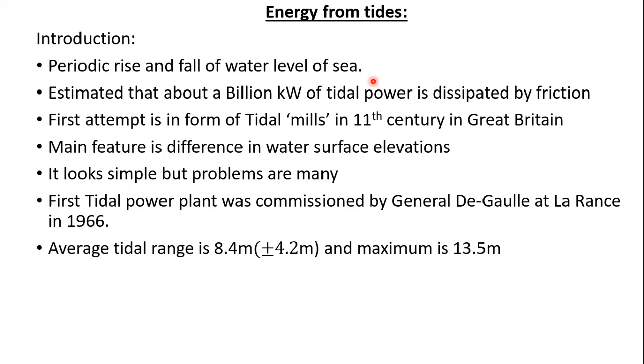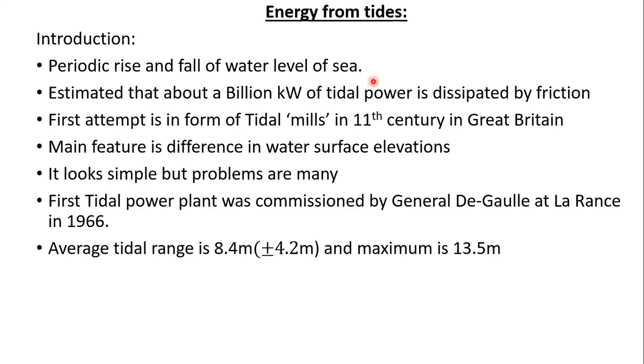So this produces power automatically. Since the basin water level is high and the sea water level is low, there is a differential head comparable to the tidal range. This difference is utilized for running the turbines. One basin is at high level and the other is at low level.